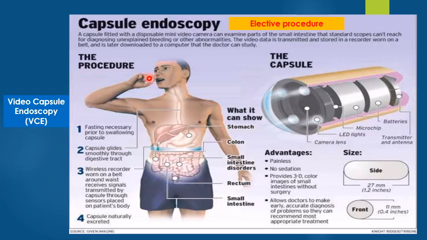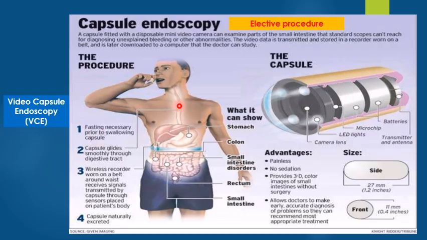After overnight fasting, the patient swallows this capsule, and we scan the whole abdomen from the esophagus right until the rectum, picking up the radio signals from the capsule that you swallowed.